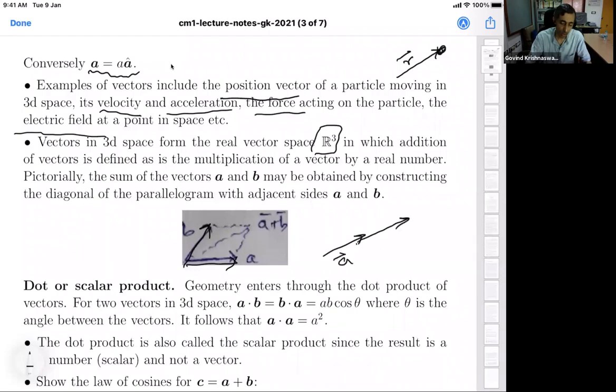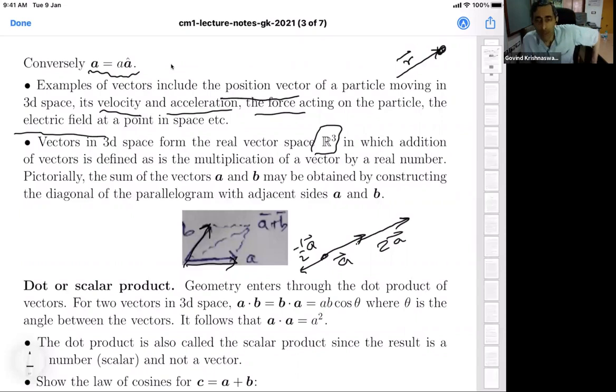So this is A and this is 2A, both emanating from the same origin. But of course, you're not obliged to rescale it in the same direction. You can rescale it in the opposite direction. You could even multiply it by -1/2, and you will get a vector pointing in the opposite direction.